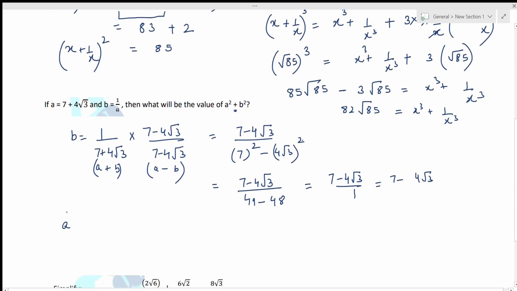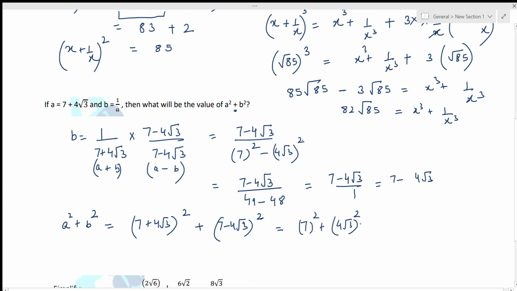So a square plus b square you can find using 7 plus 4 root 3 whole square plus 7 minus 4 root 3 whole square. So I can use separate identities. A plus b whole square is a square plus b square plus 2 into a into b. Similarly for this one, a square plus b square minus 2 into a into b.